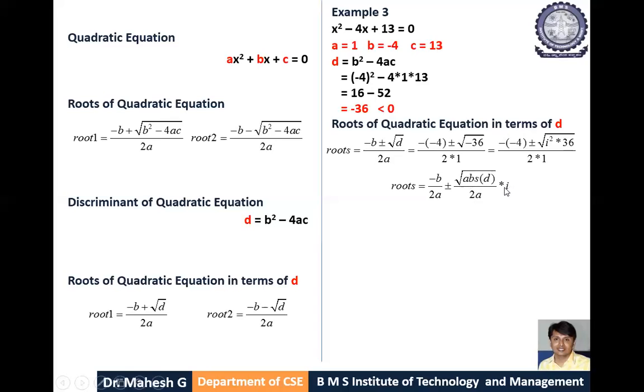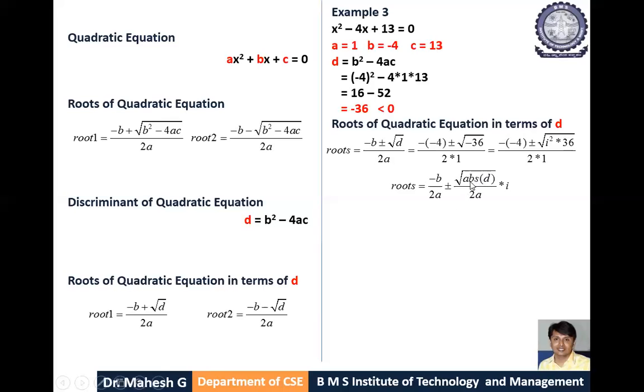Here we have written the two terms separately. Observe that i square is taken out of the square root and it is written as i. Also, because the value of d is negative here, since we need a positive value of d, we use the absolute function abs of d.